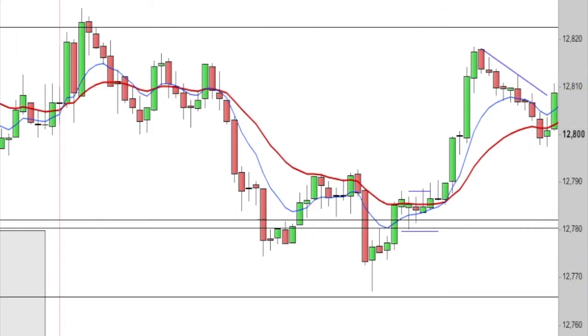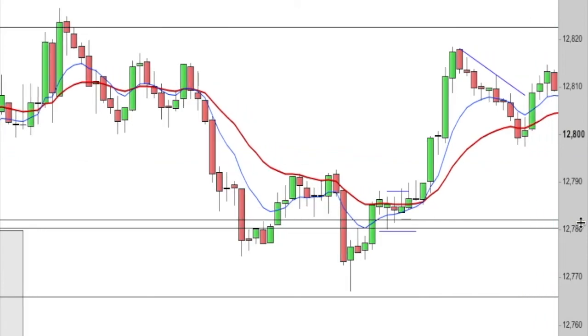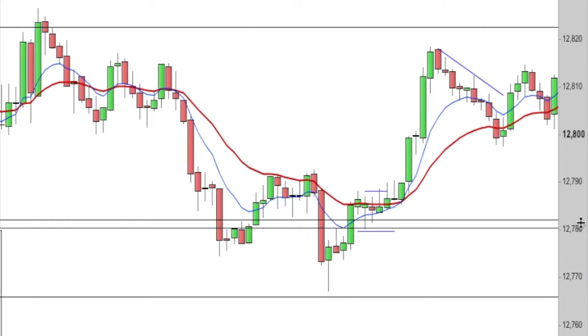So you've got that as your trend line, and you can see that the market has approached the 12,800 level and then it's rejecting upwards. Okay, so you then wait and see what happens next. You've got a high here, low here, low here, so basically it's forming a little trading range here.